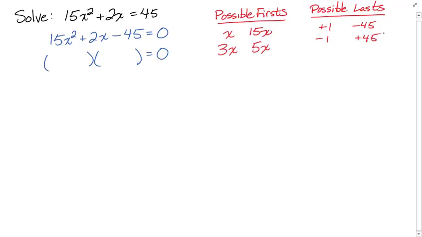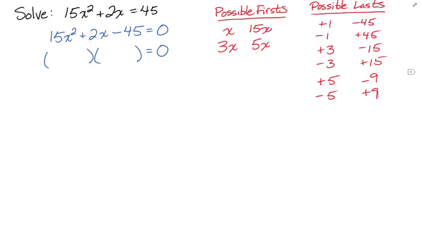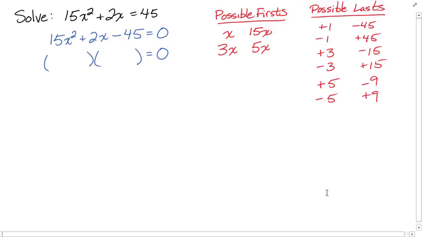Notice how we changed the signs there. In either position we get a negative 45. But then we can get a plus 3 and a minus 15, or a minus 3 and a plus 15. And then let's use the 5 and a minus 9, and a minus 5 and a plus 9. Those are the combinations that might appear in the last positions.